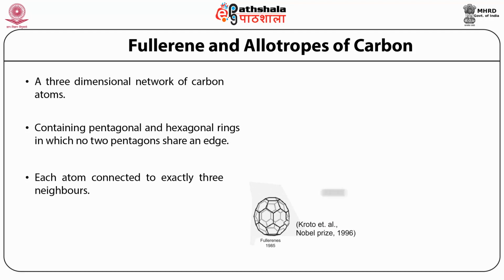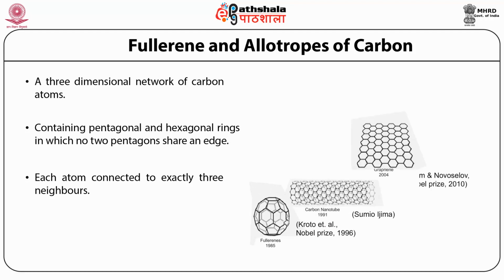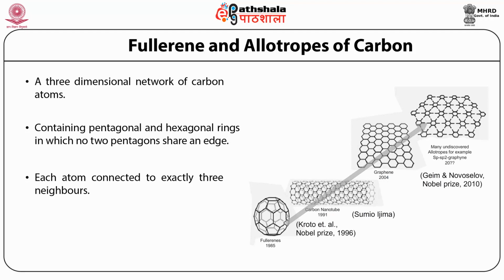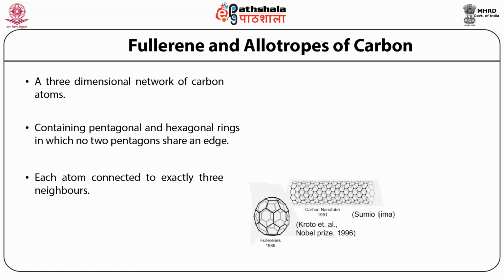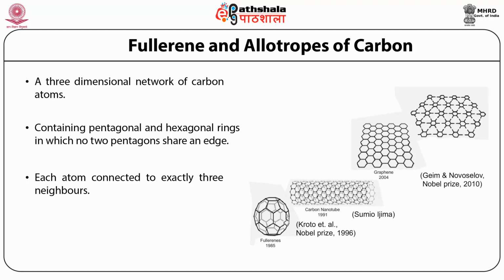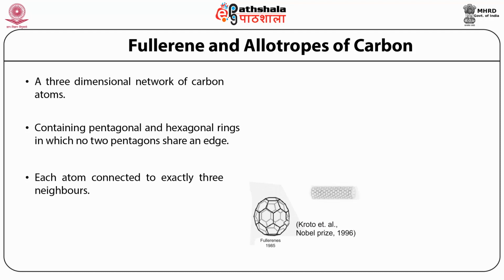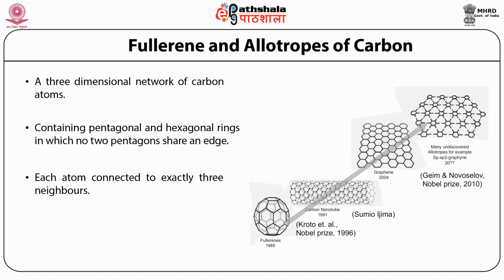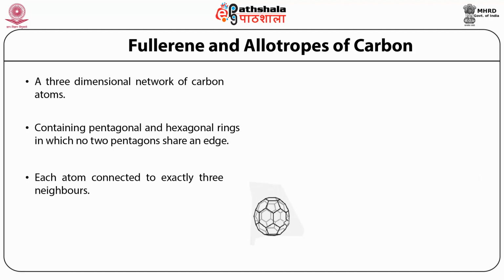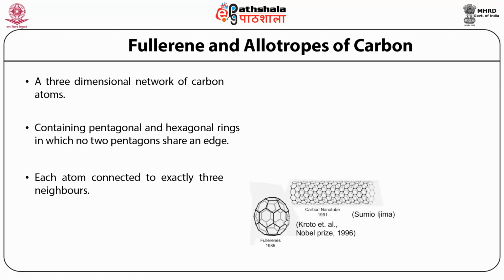This molecule is aromatic in nature and forms a variety of structures, shows very exciting properties and therefore applications, especially in chemistry. As I discussed earlier, fullerene can be extended in the form of a tube, and this tube was first discovered in 1991 by Sumio Iijima, a Japanese scientist.